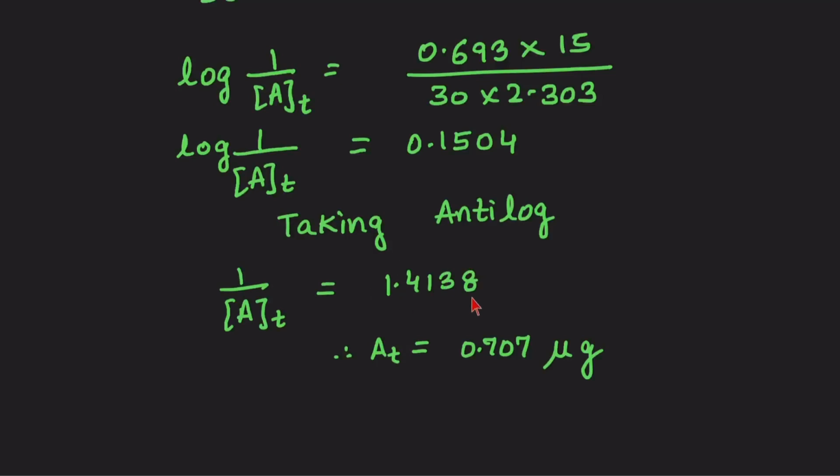That is 1 divided by 1.4138, which gives me a value of 0.707 microgram, or if we leave it as one significant digit, this would be simply 0.7 microgram as the answer.